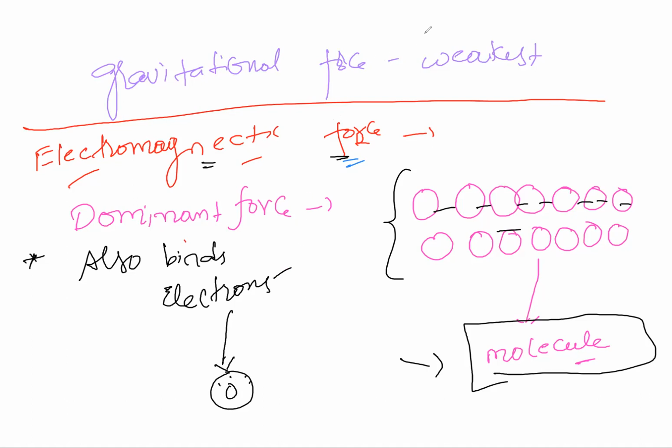We know the electrons are revolving around the nucleus. To bind the electrons into the atom only, this electromagnetic force is very useful. Clear? So it also binds the electrons of an atom to the nucleus only.